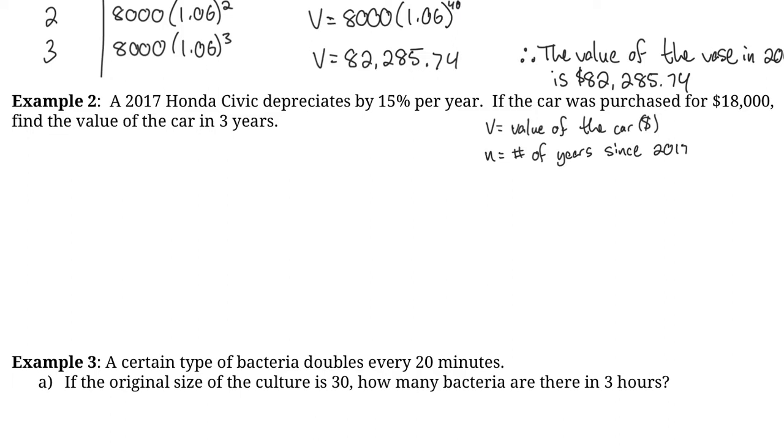So we know in our equation that we're going to have v is equal to our original price that it started with, so 18,000. And we're going to need to multiply it by something here.